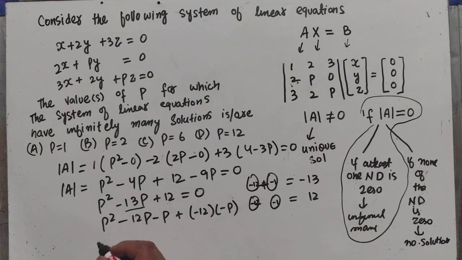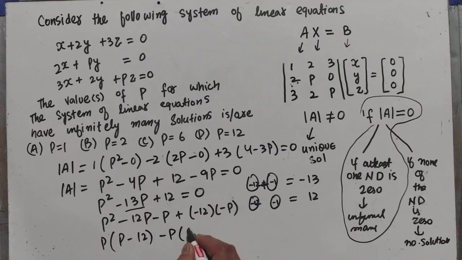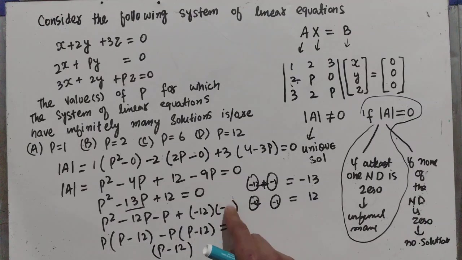Okay, so let's take p common. We are left with p minus 12. Here we take minus 1 common. We are left with p minus 12, and it should be equal to 0. Let us take p minus 12 common. So we are left with p minus 1 should be equal to 0.